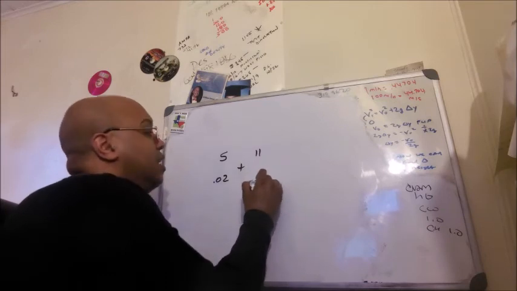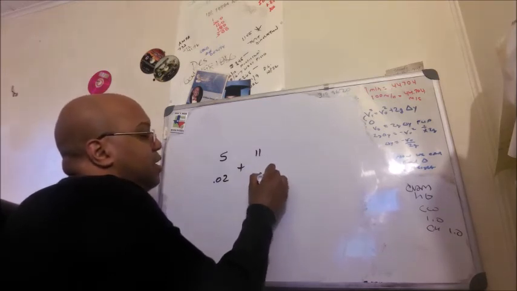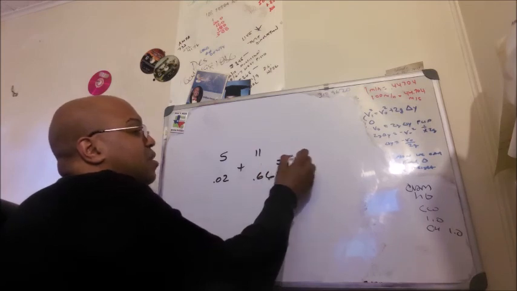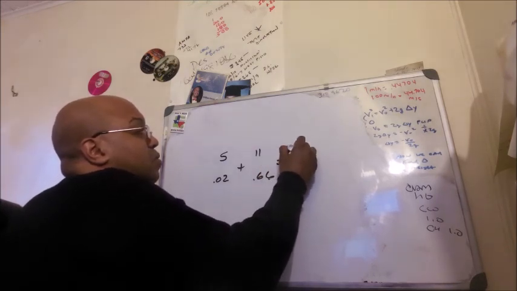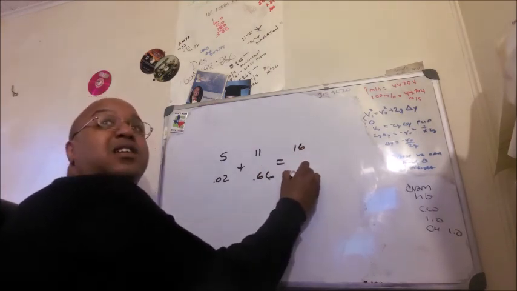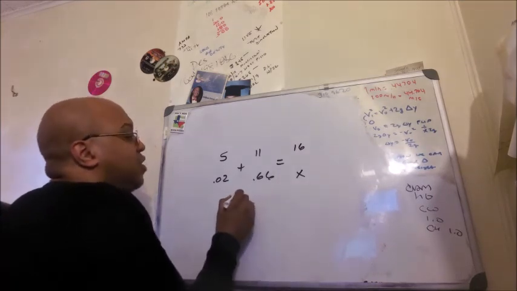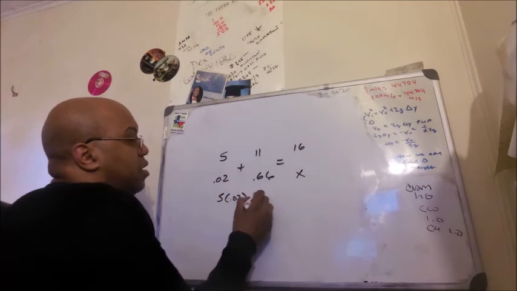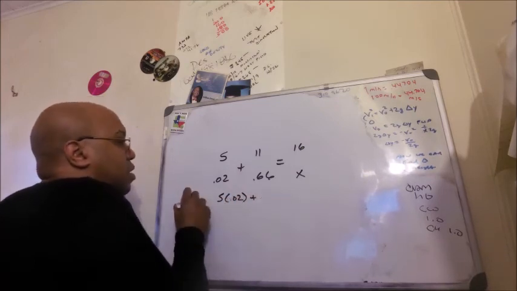5 times 0.2 is 1, right? 0.1. Yeah. Maybe that's where I made my mistake. But I divided wrong. Yeah, these decimal places will get you.